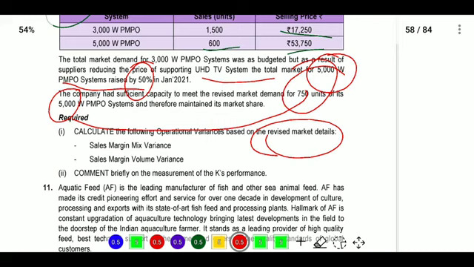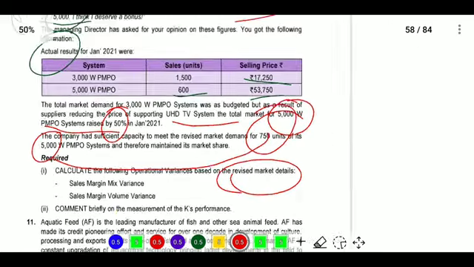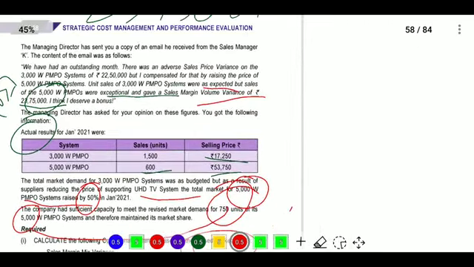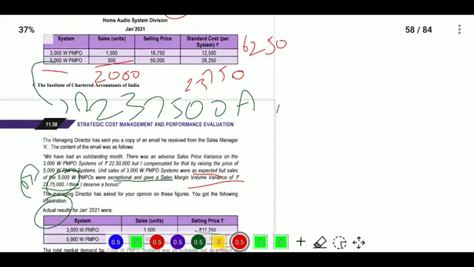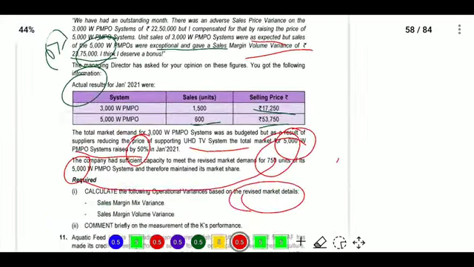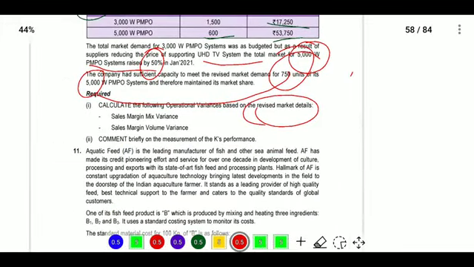From that 2100 we will calculate it based on budgeted: 1500 divided by 2000 into 2100. Next we will calculate that and we will get the answer automatically.